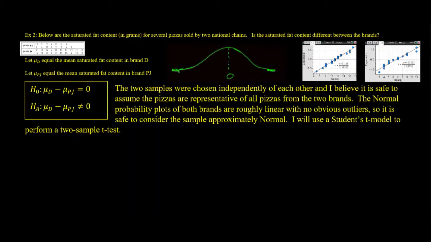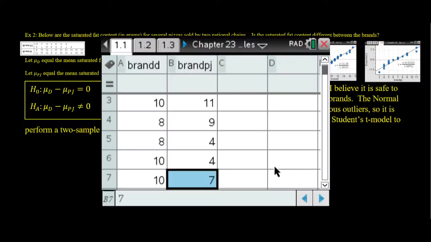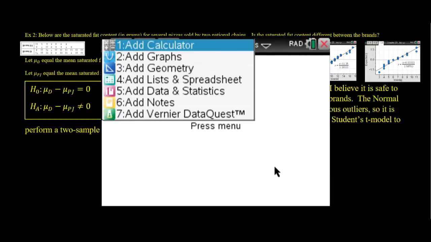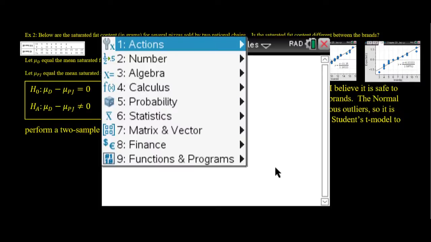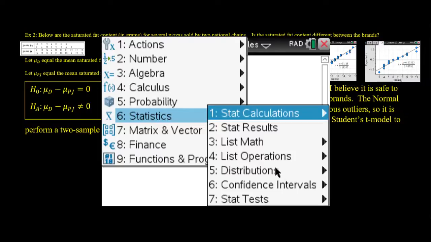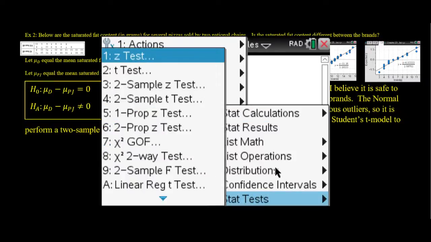So we have all this in the calculator. You saw both columns there. We're going to go to calculator page, statistics, stat tests. We're doing a two-sample t-test, just as we stated. This time we're using data that was already entered in the calculator.